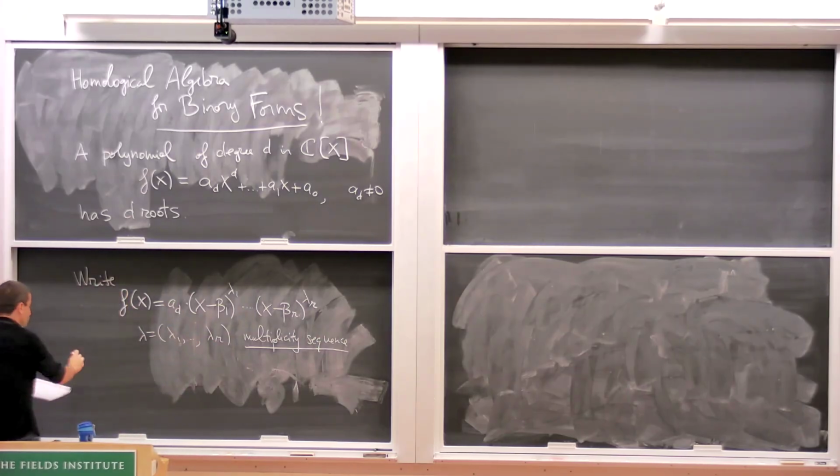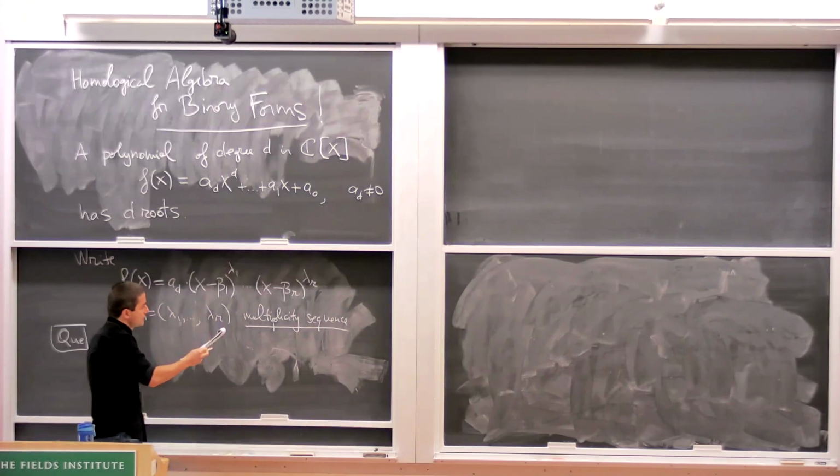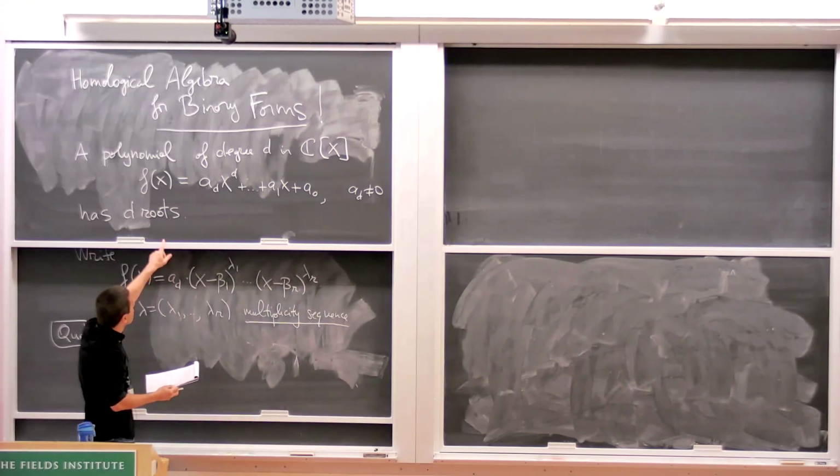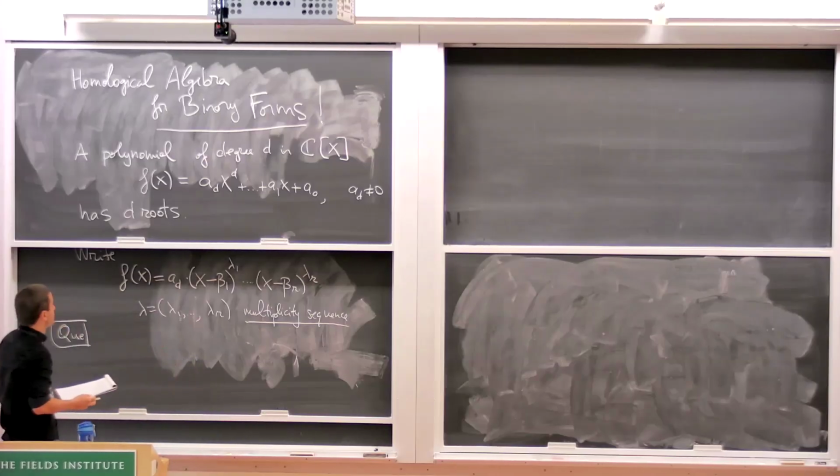And the question that we want to address is, how does this multiplicity sequence affect the coefficients of the form?